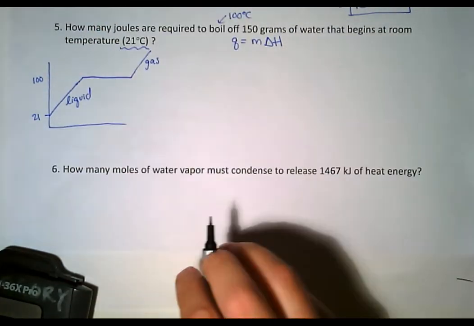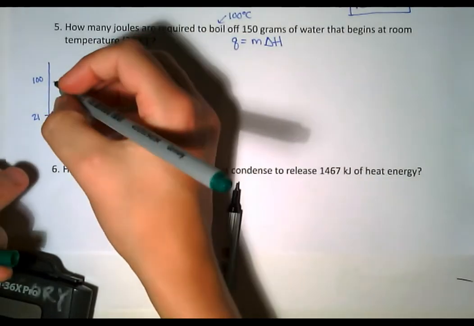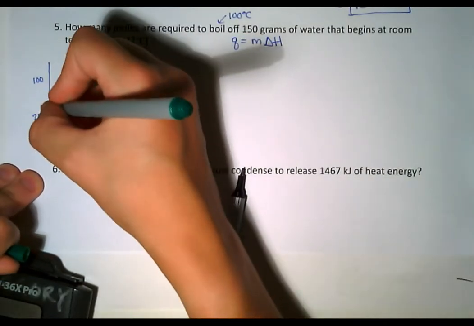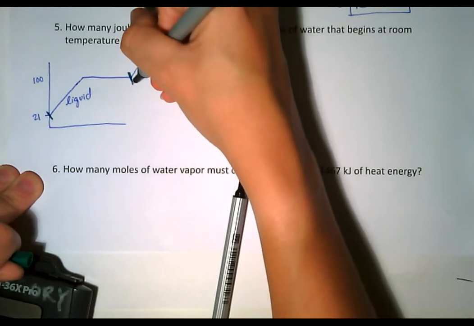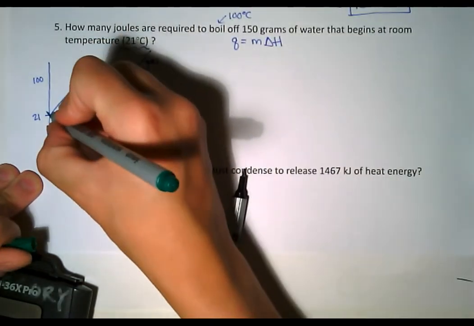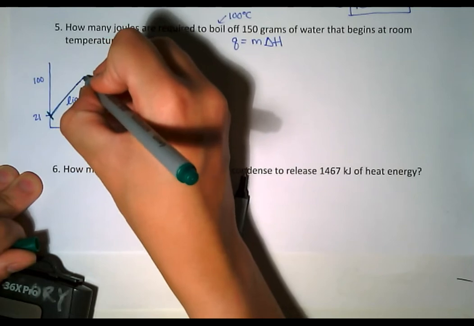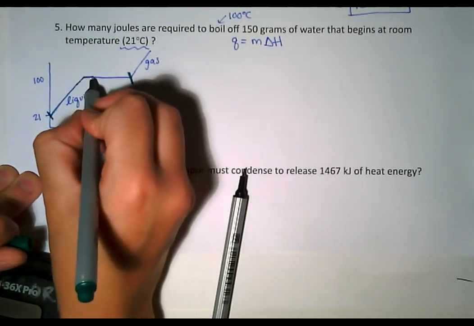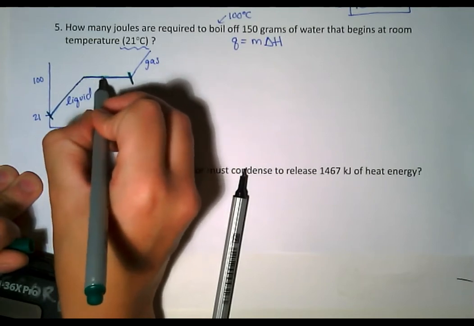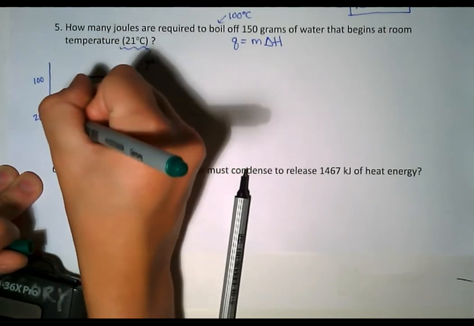But we need sufficient energy to get our water all the way from this point down here, all the way up to the point where all of the water is now a gas. So we need energy to get us all the way up to 100 degrees Celsius, and then also to boil off all the water so that it is then in the gaseous phase.